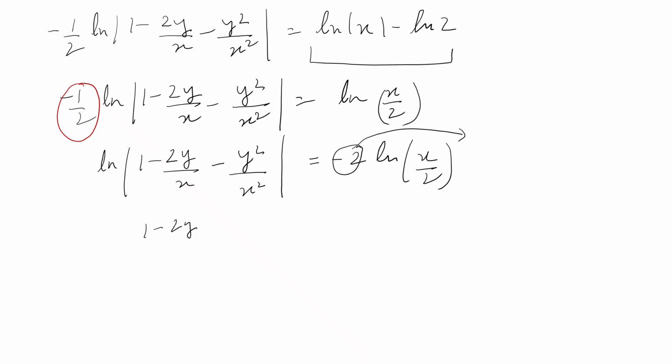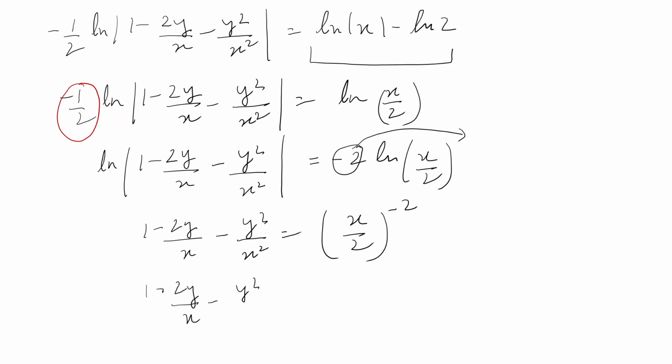So by comparing the brackets of ln, I will get x upon 2 to the power minus 2. And to again change the power, I can write it like this. This will be 4 upon x square. I have reciprocated my minus 2 power.